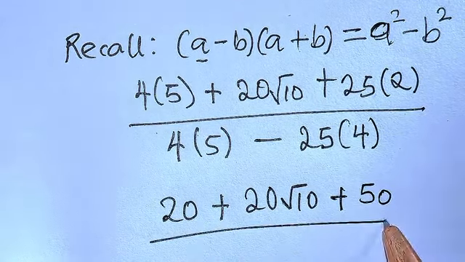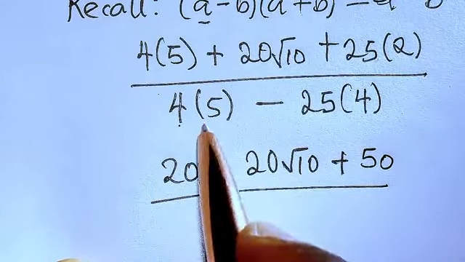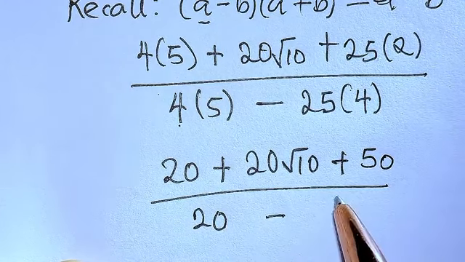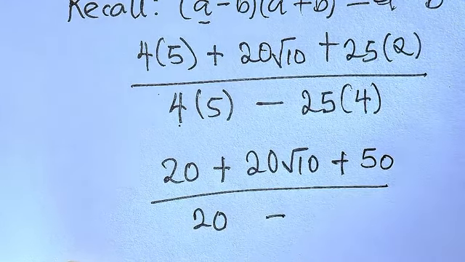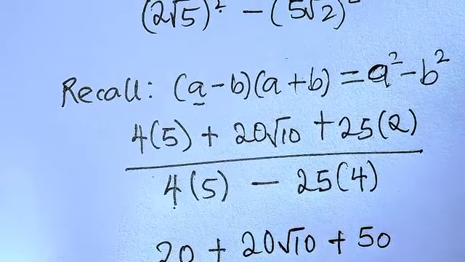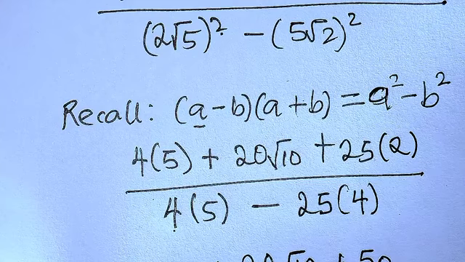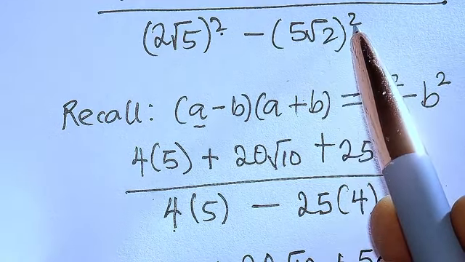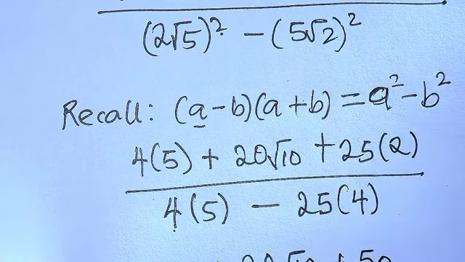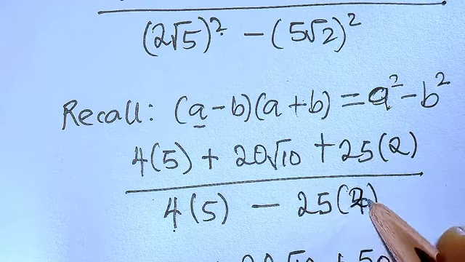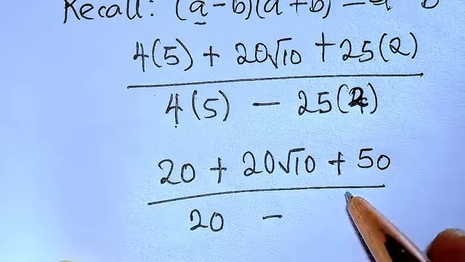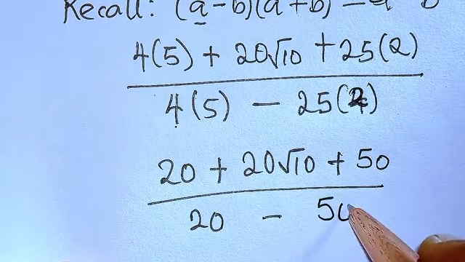Then divided by 4 times 5, that is 20, minus 25 times, is a 4. So I made a mistake here. Root 2 squared: this square cancels the square root, therefore we are left with 2, not 4. So 25 times 2 gives us 50.